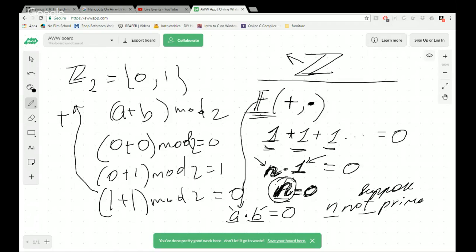So I said, let's suppose I have some number of ones that I'm adding and the result is 0. How many ones am I adding? N ones. That's n times 1, right? N ones I have here. And I know the result is 0.